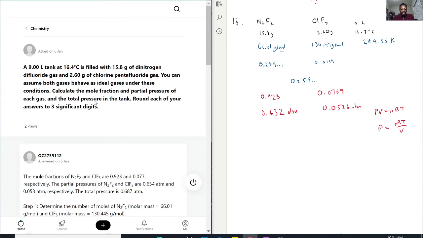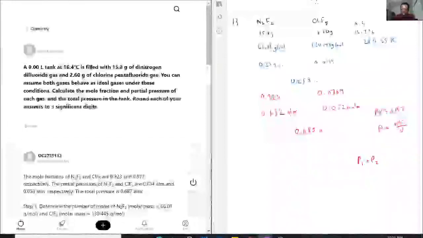And now the last part is going to ask for the total pressure of the tank. If we just follow the laws, we do P1 plus P2. The total pressure when you add these two together would be 0.685 ATM.